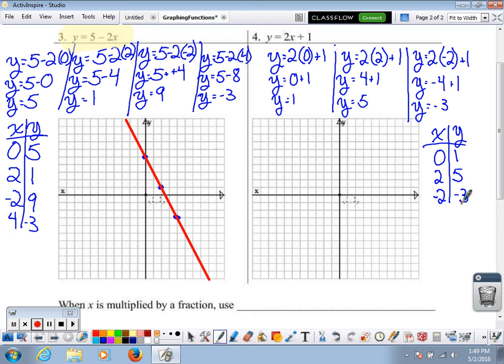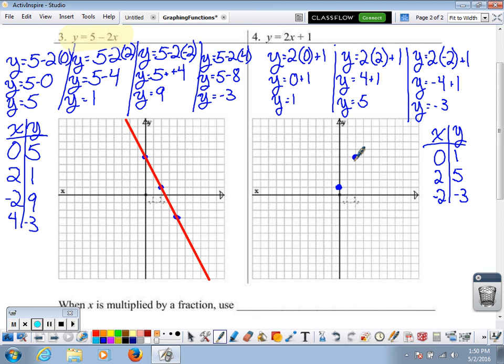Now let's take those points and put them on the graph. So 0, 1. Barsha, where does 0, 1 go? And Gracie, where does 2, 5 go? Very good.